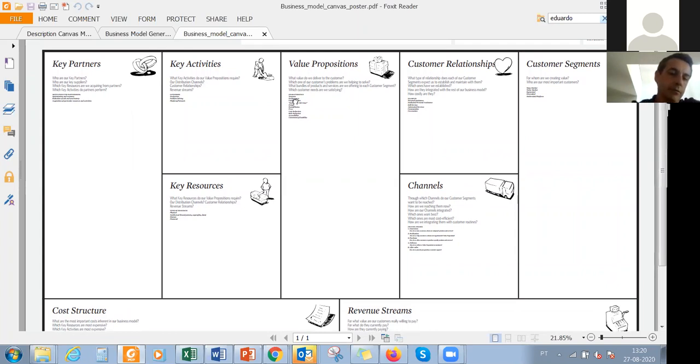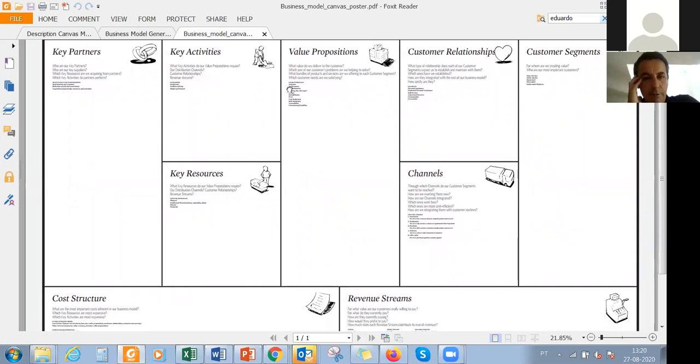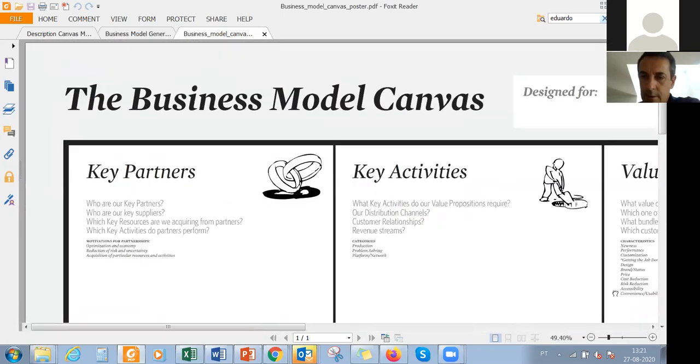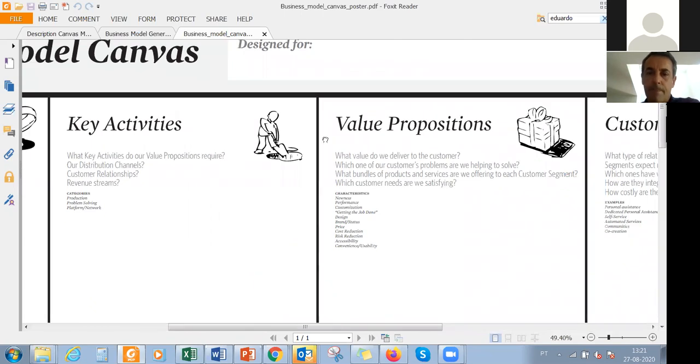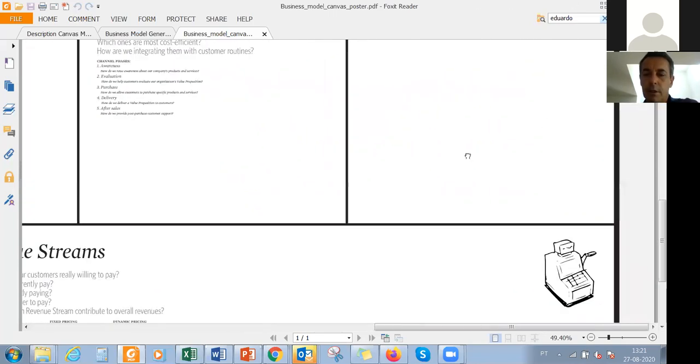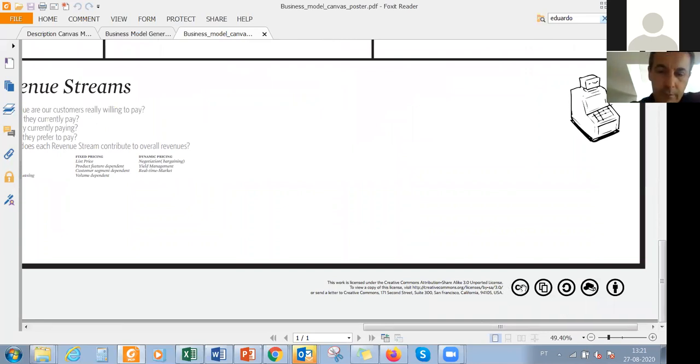So we don't need to do this on a computer. I will show you the tool on the computer, but it could be just used in a printed version. The copyright of this tool is Creative Commons, a way to license tools and knowledge.